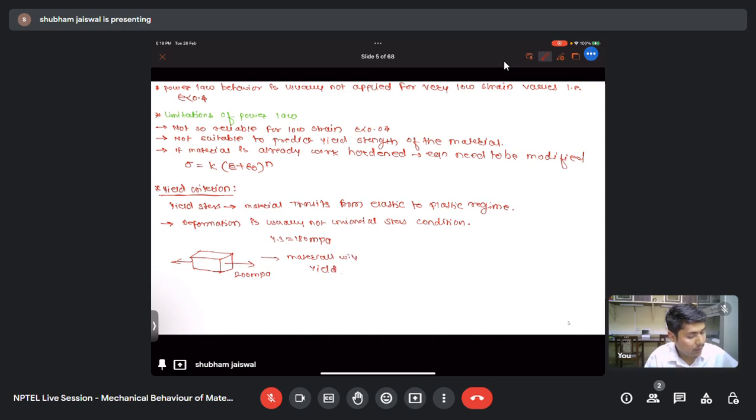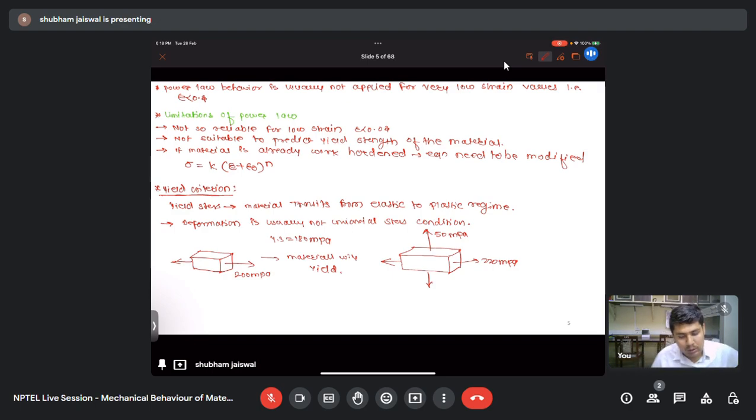Okay. Then also we have seen the one condition that when the specimen is subjected to biaxial loading. Okay, let's say this is 220 MPa, and on the y-axis it is subjected to 50 MPa. So whether this material will yield or not.